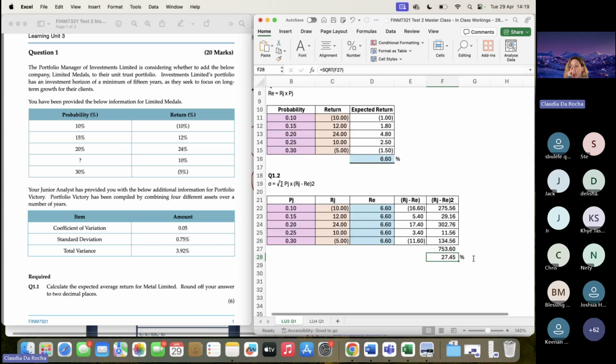Obviously, I've used Excel formulas, but you would need to use your calculator.